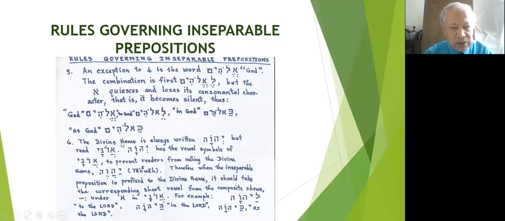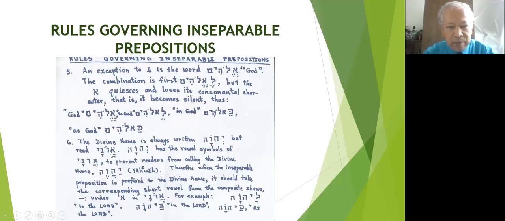Rule number 6. The divine name, that is the name of God, the personal name of God, is always written Yehovah in the Hebrew Bible, but it is read by the Hebrews by calling another name, which is a title that is used of God, which is Adonai, which means Lord.